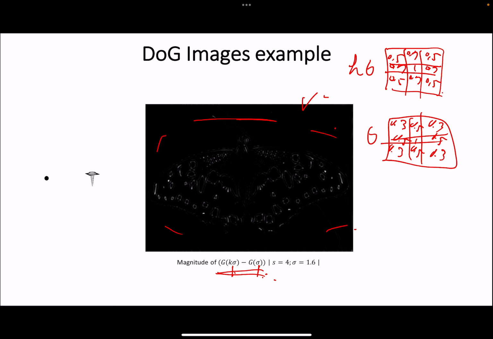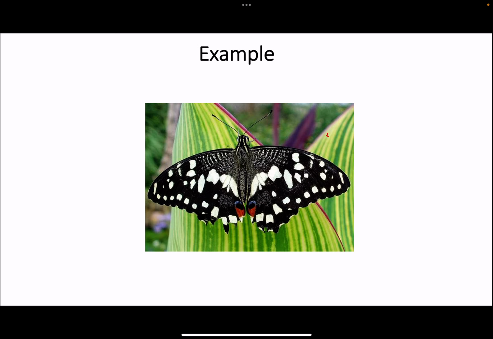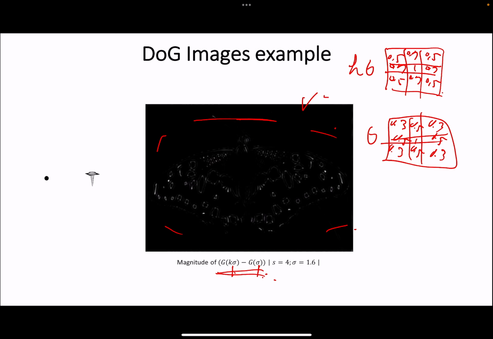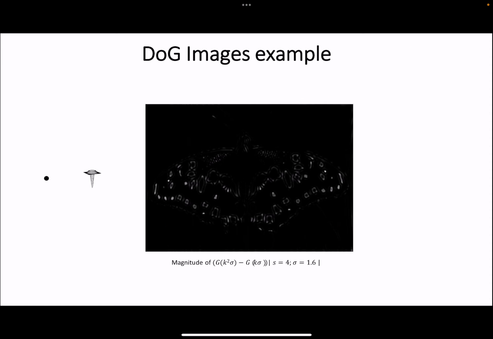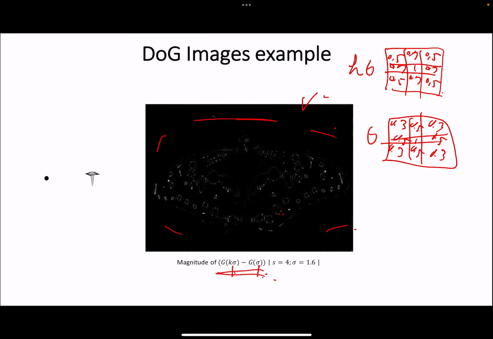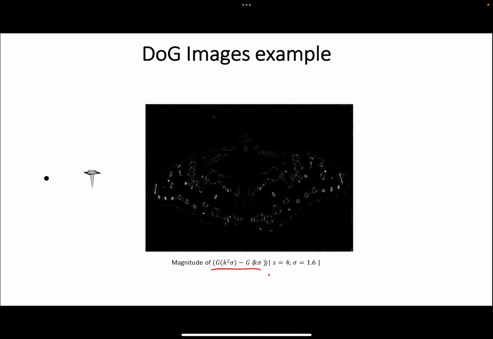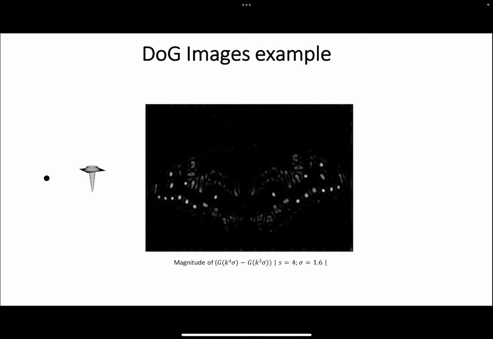But some positions with distinctive texture patterns, where the magnitude of the gradient is a little bit big, have some activations. Now we are trying to use different scales. Here we use k sigma and sigma, and here k square sigma and k sigma, then k cubic sigma and k square sigma. We keep doing this to get difference of Gaussian images. Example.